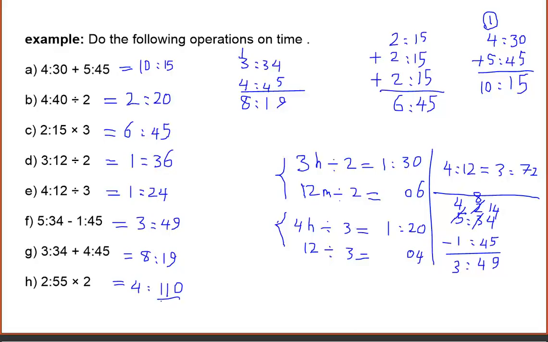So let me rewrite it like this. 4 hours, 110 minutes. So I take 60 minutes from this to be 1 hour, so the answer is 5 hours and 50 minutes. Whenever the minutes exceed 60, I can take 60 out of it and add to the hours.